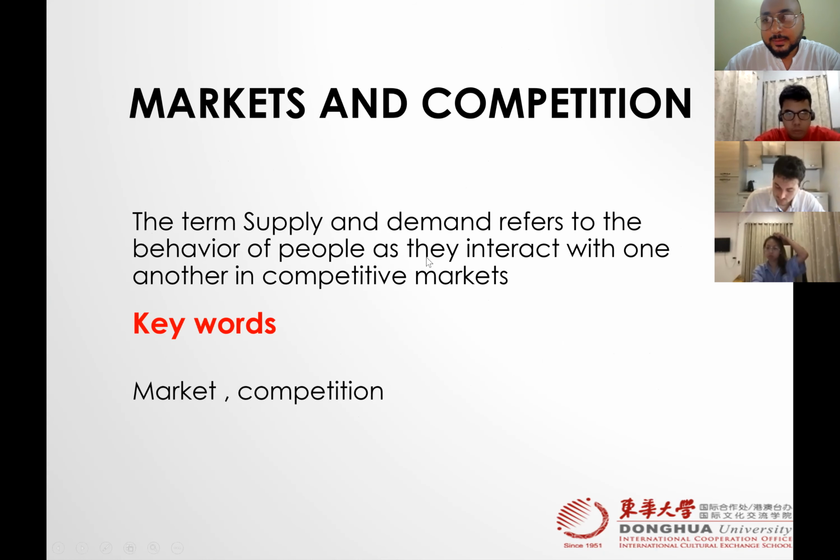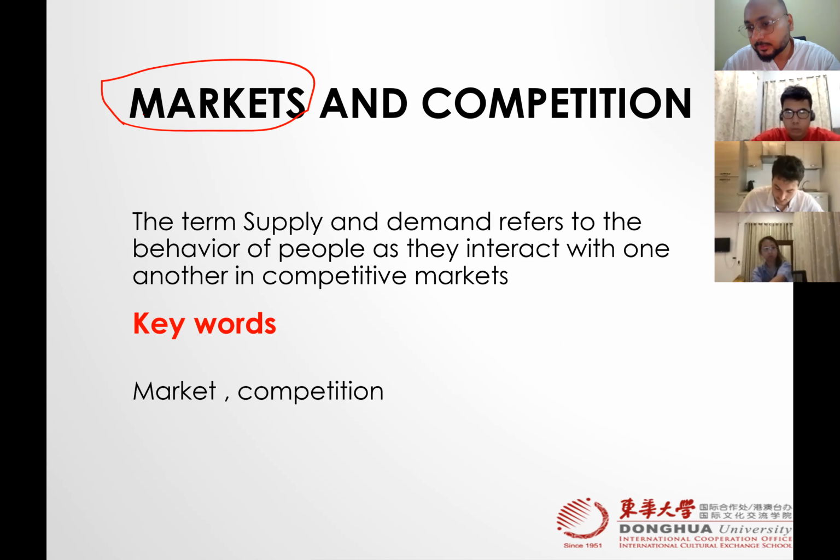Markets and competition: since the chapter name is the market forces of demand and supply, we'll spend only a small time on what a market is, and then its types. There are 4 types of market.